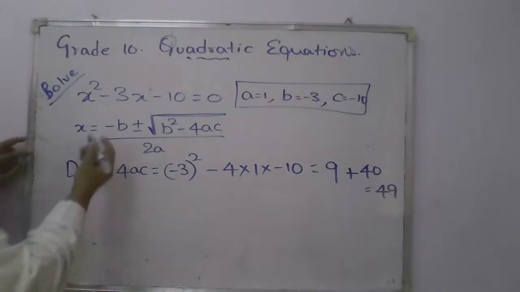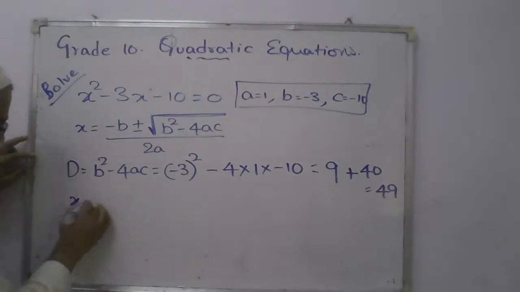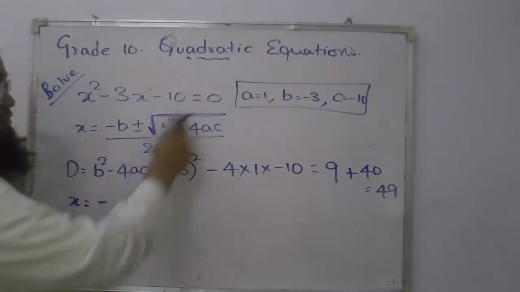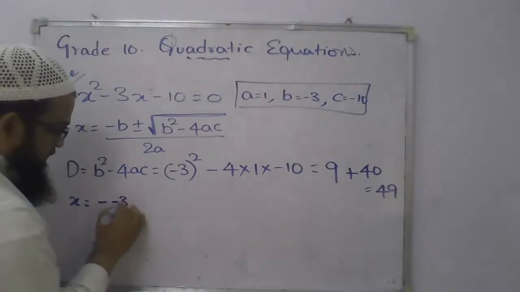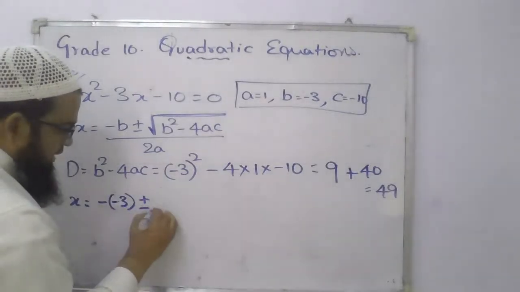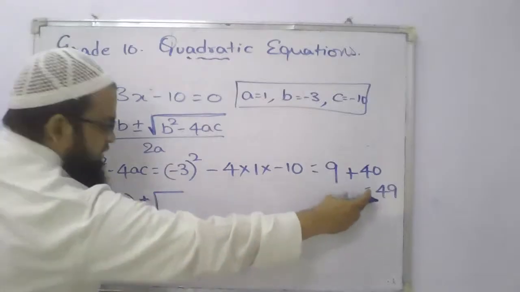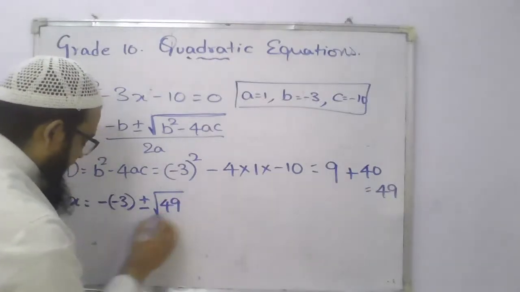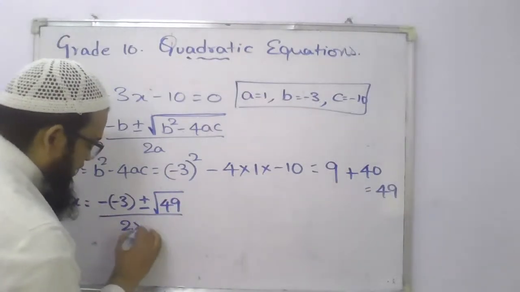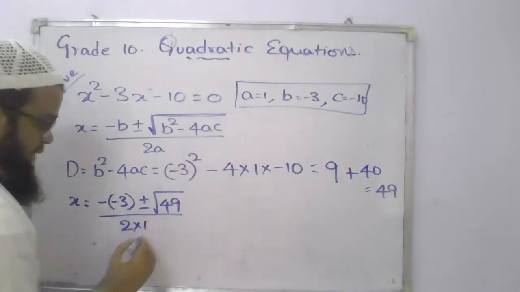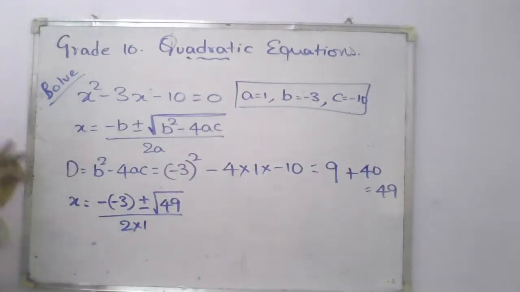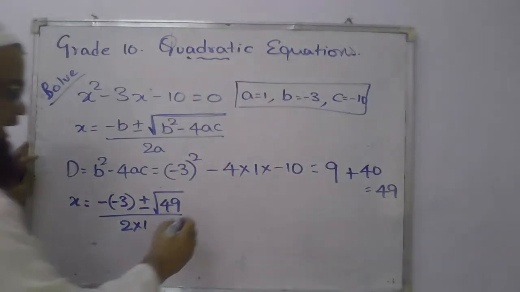Now let us substitute. x is equal to minus b, what is b? Minus 3, so minus of minus 3, plus or minus square root of b square minus 4ac. What did you get for b square minus 4ac? 49, divided by 2 times a, which is 1. Actually you are supposed to write the 1 below, but I don't have place.